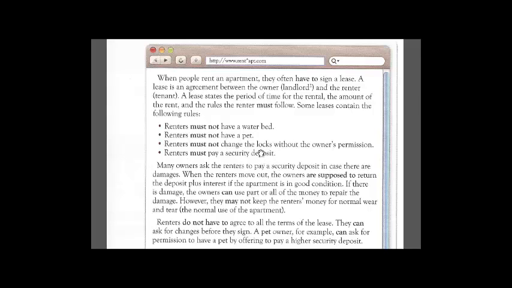You know, a lot of people sometimes are concerned that the previous occupant of the apartment has the keys. So that means a previous renter could come in, open the door, and steal your things. So some people would rather change the locks.